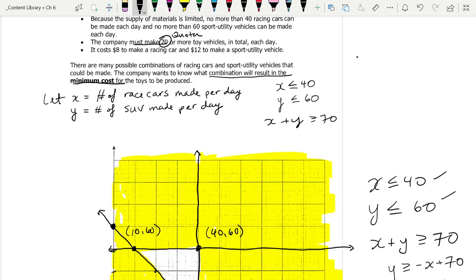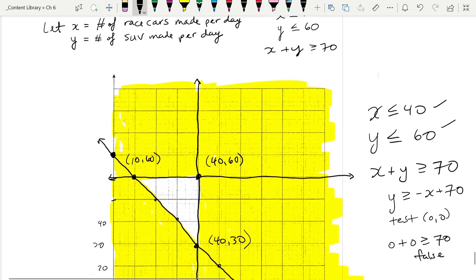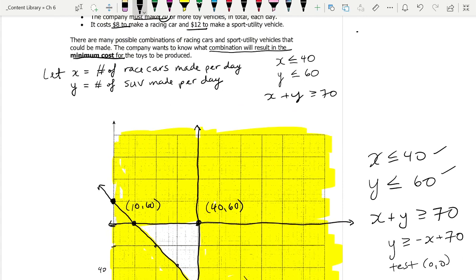Oh, it costs $8 to make a race car and $12 to make a sport utility. So my objective equation is the cost. See, I'm not using P for profit. I'm trying to keep the cost down. Cost is $8 times X plus $12 times Y.